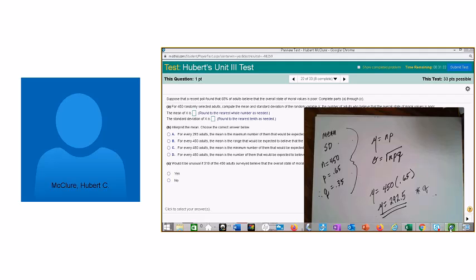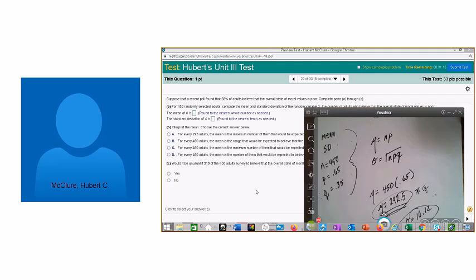I get 10.12. So the standard deviation is equal to 10.12, and that should be your answer.